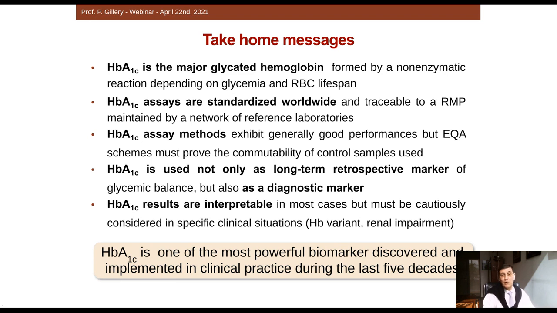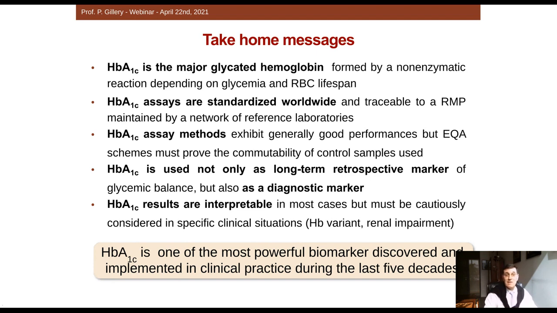HbA1c is used not only as a long-term retrospective marker of glycemic balance, but also as a diagnostic marker. And HbA1c results are interpretable in most cases, but must be cautiously considered in specific clinical situations, such as the presence of an HbA variant or renal impairment.